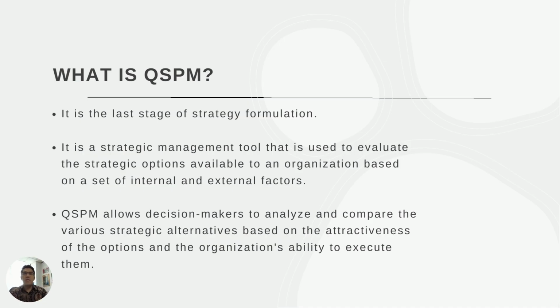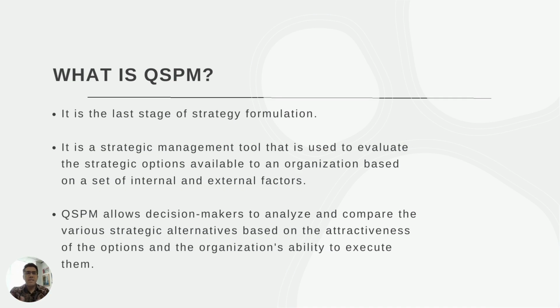So what is QSPM? QSPM is the final and the last stage of strategic formulation. It is a strategic management tool that is used to evaluate the strategic options available to an organization based on a set of internal and external factors. QSPM allows decision makers to analyze and compare the various strategic alternatives based on the attractiveness of the option and the organization's ability to execute them.